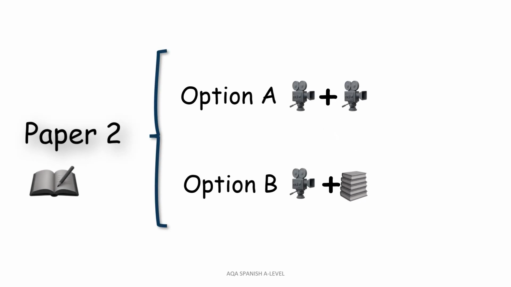In short, in paper 2, you will need to answer two questions about two different movies, or if you choose option B, you will need to answer a question about a movie and about a book.